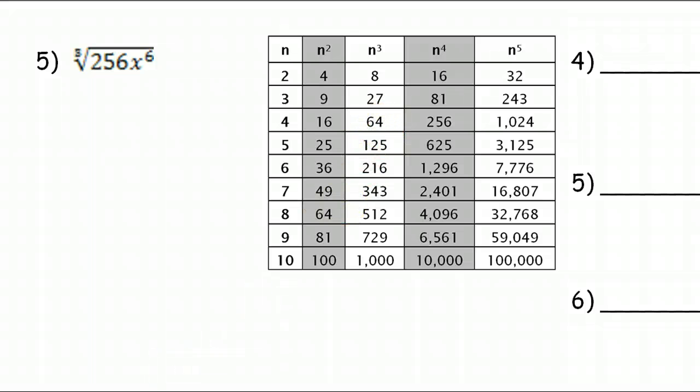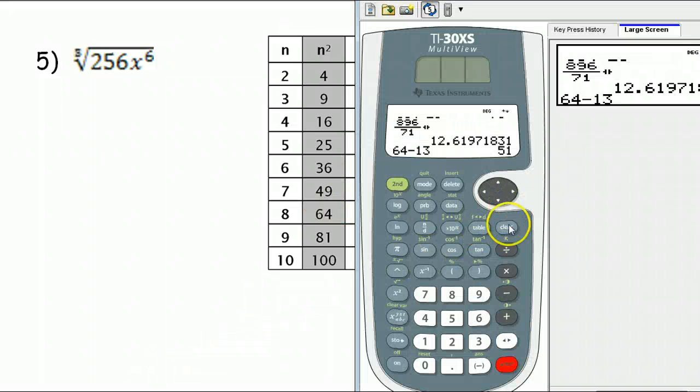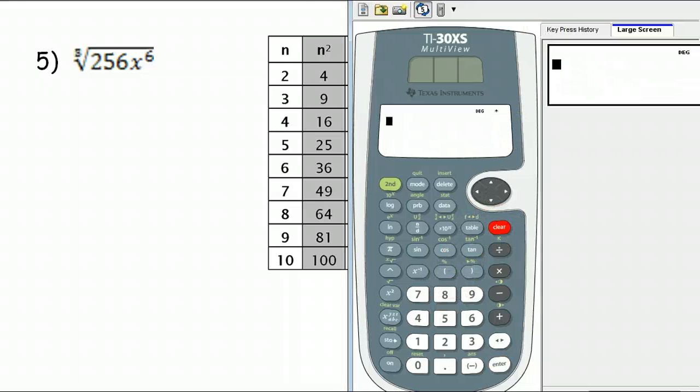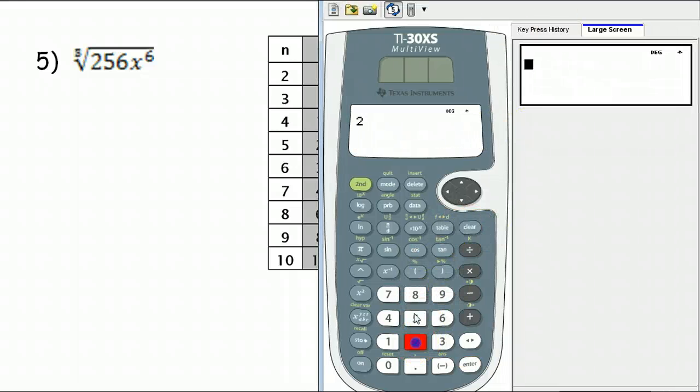How about 64? Let's see, 256 divided by 64. Oh, wow, that works right away. So that means 64 times 4 is 256.